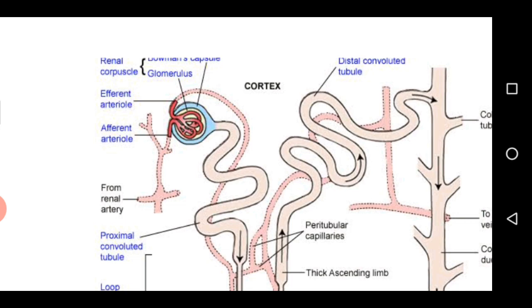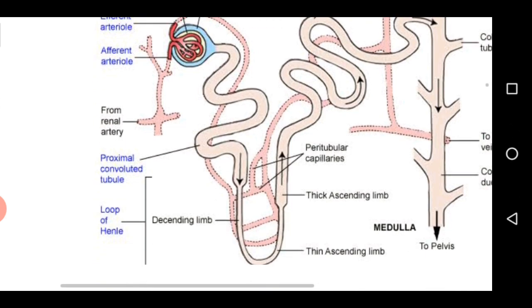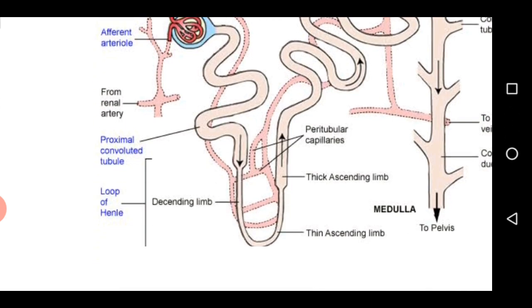Now, the cup-like capsule, that is Bowman's capsule, now enters into the proximal convoluted tubule. That is a coiled shaped region.